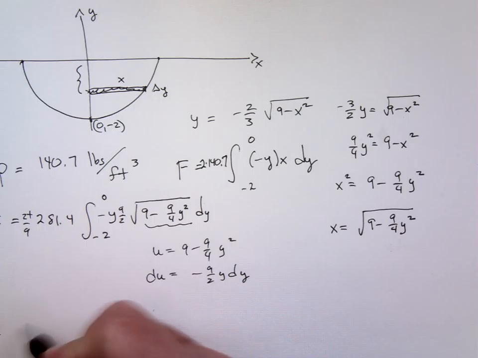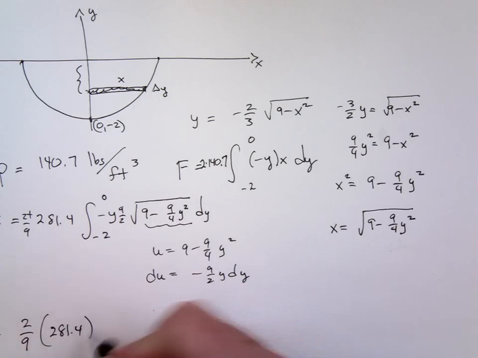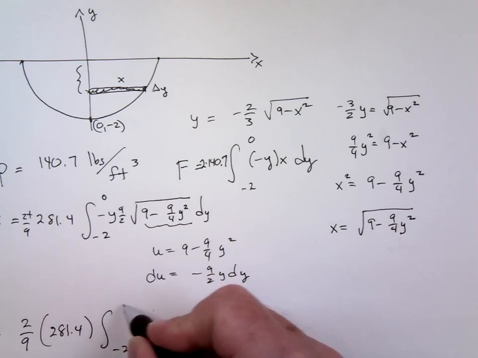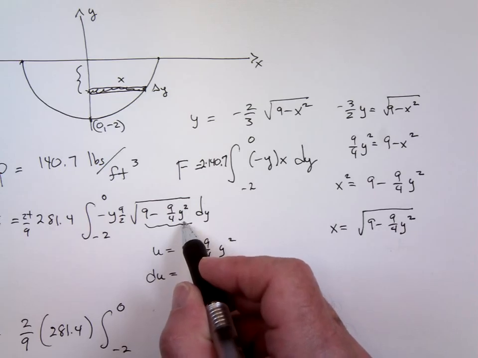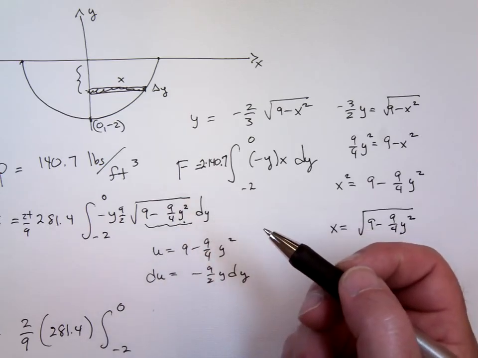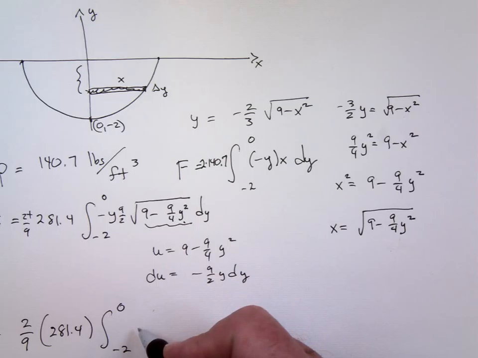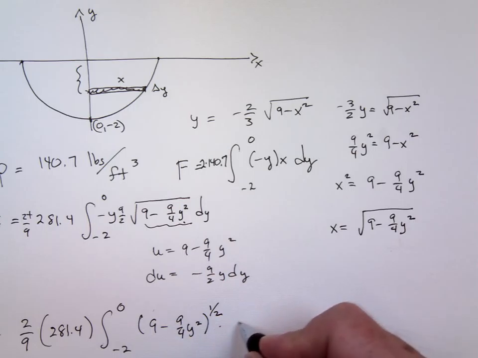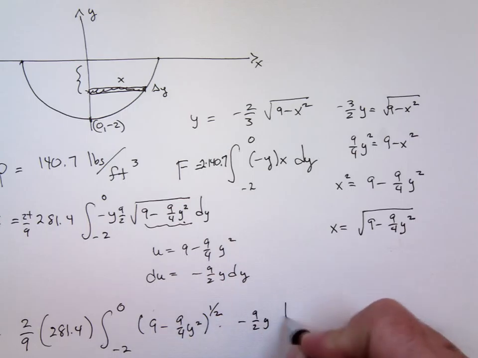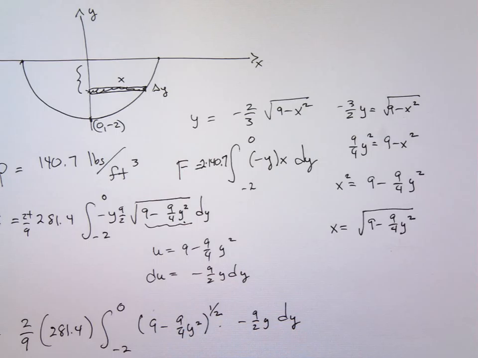So I'm going to have a 2/9, a 281.4, negative 2 to 0, and this to the 1/2. I'll write it this way: to the 1/2, and then I have my negative 9/2 y dy. Is that about right?